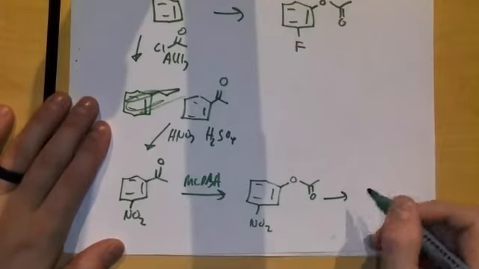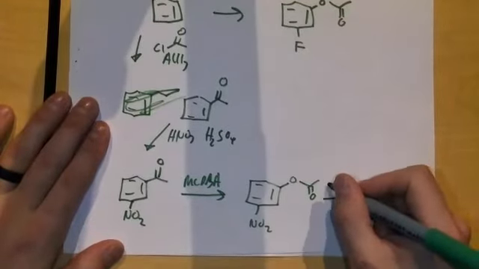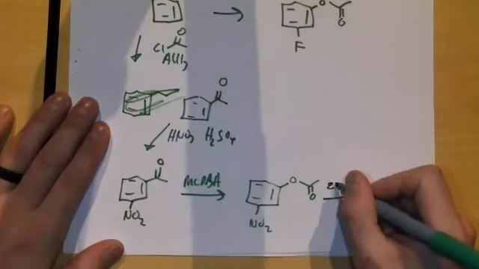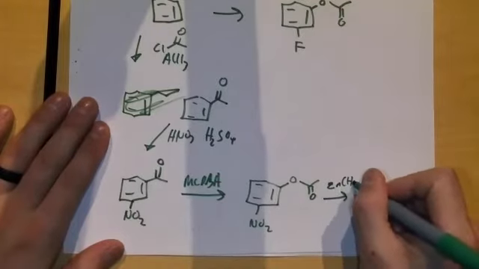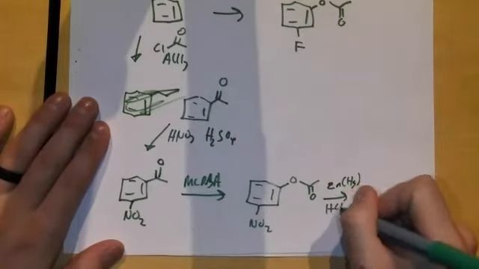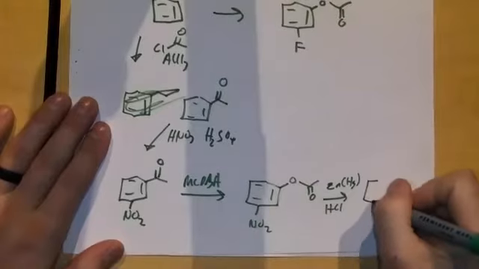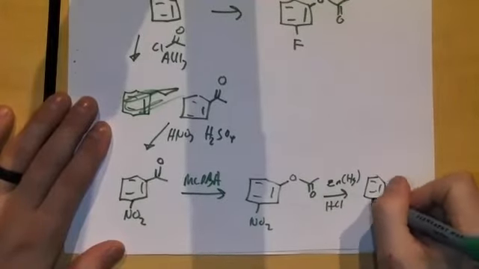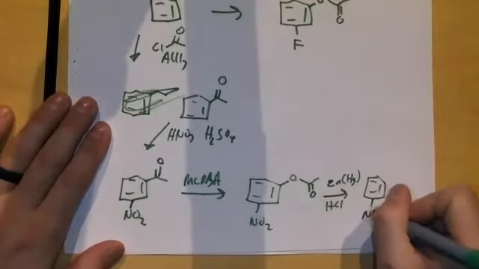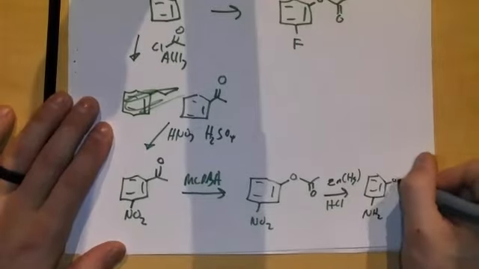So if I add in zinc, mercury, HCl, I can make an amine.